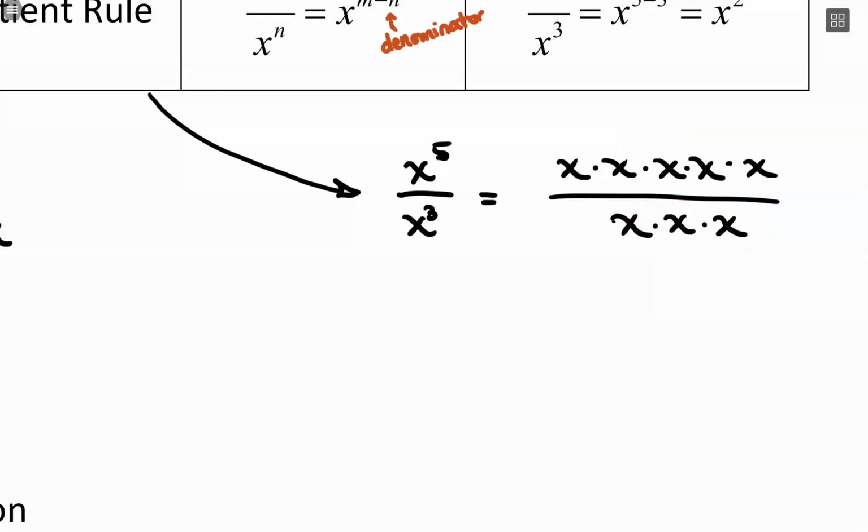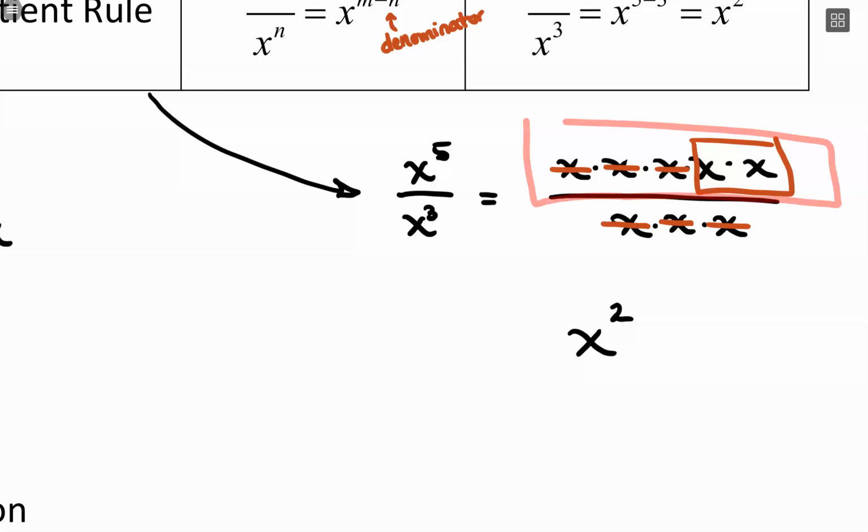So if you have shared factors between the numerator and denominator, you can cancel them out. So in this case, we'll be able to cancel out 3 of the x's in the numerator, and that'll leave us with just 2 left over. So that's where it becomes subtraction, because there's going to be this cancellation. So however many you have in the numerator, you're taking away how many you have in the denominator.